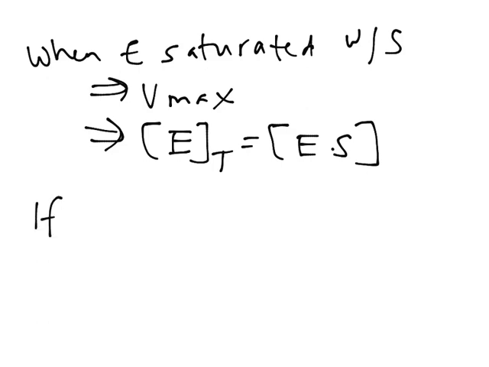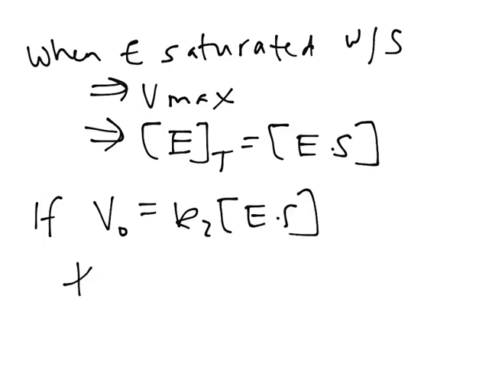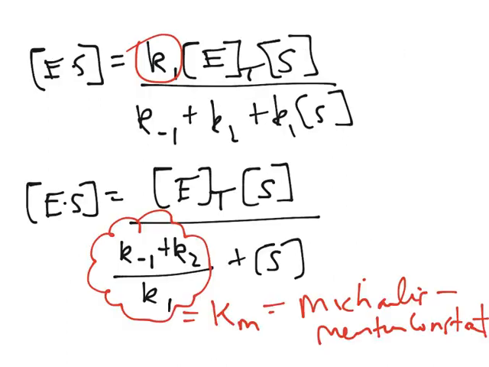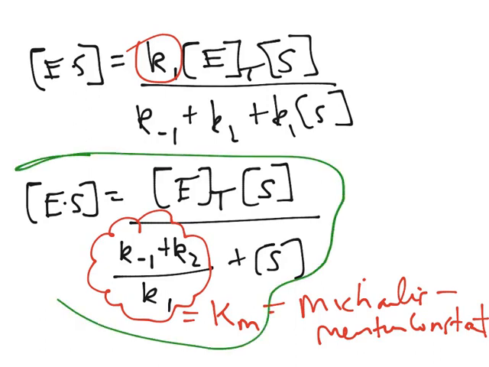So if the initial rate of the reaction is equal to K2 times the concentration of the enzyme substrate complex, then when we are at our maximum rate, Vmax is equal to K2 times the concentration of the total amount of enzyme. So I'm going to go back to this equation that we've derived, which we've almost simplified, and multiply both sides by K2.